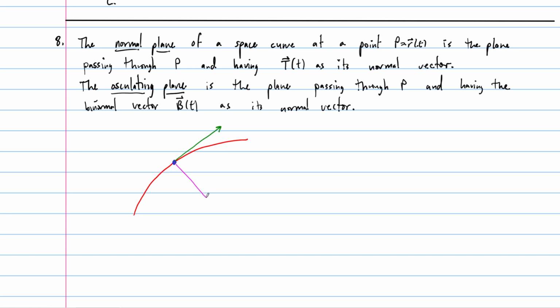Here's our normal vector, which points in the direction of the curvature. These are both supposed to be unit vectors. And then the plane that contains the two of these is going to be the plane that comes closest to containing the curve. So I'm going to call this the osculating plane.